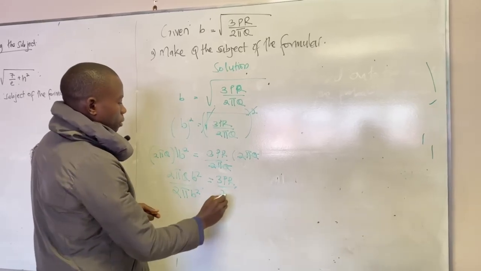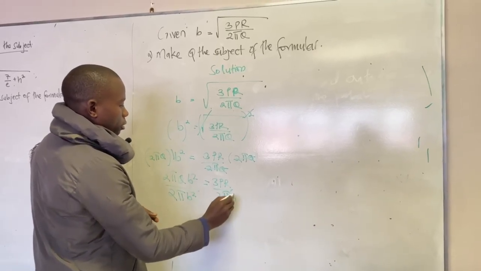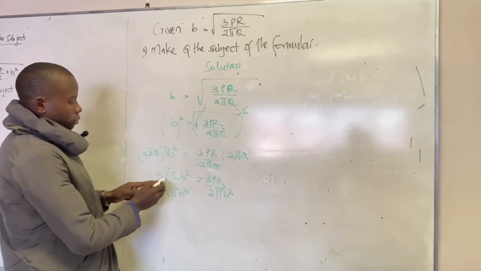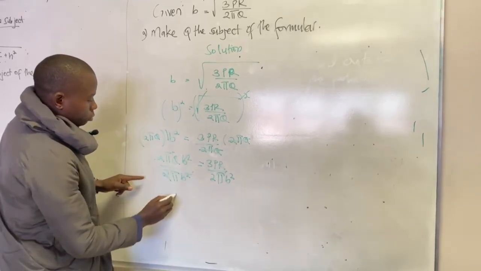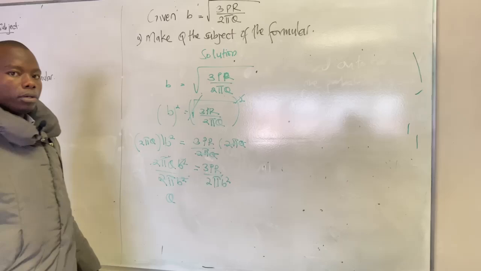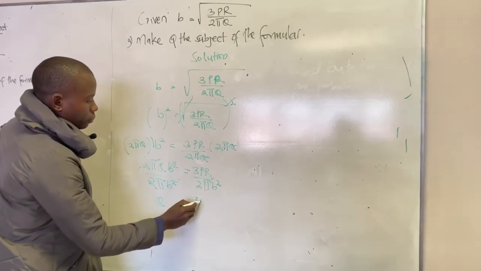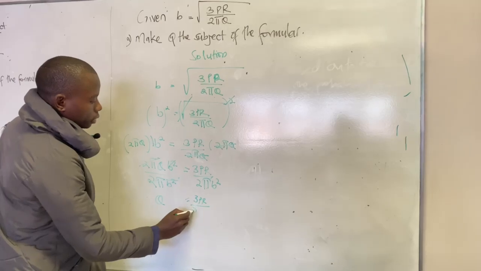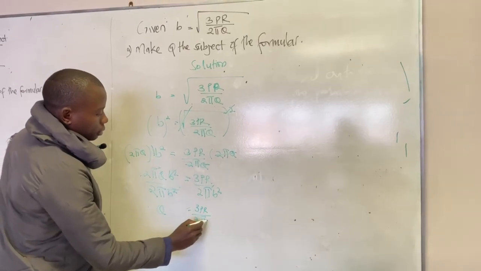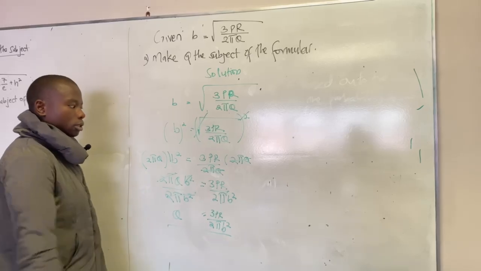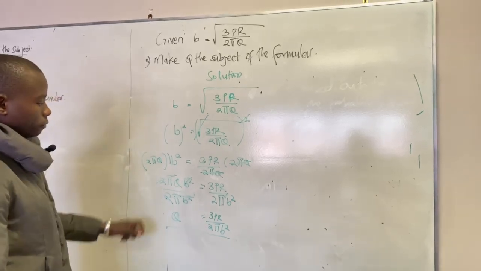This one shall be cancelled with this one, so we remain with q. So q will equal to 3pr over 2 pi b squared. So this one becomes the subject of the formula.